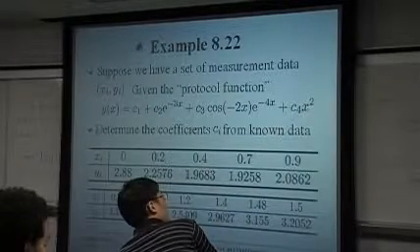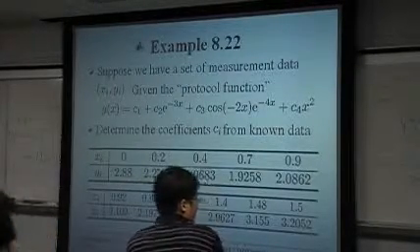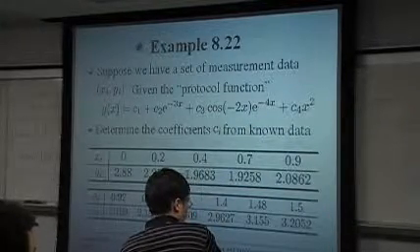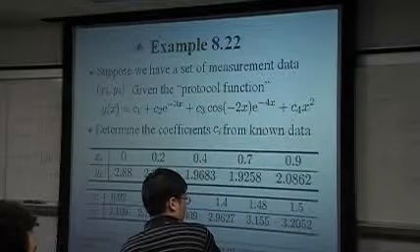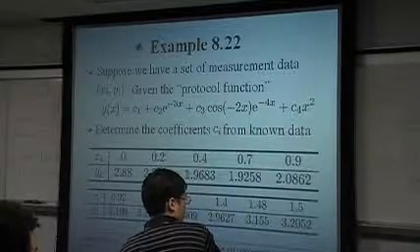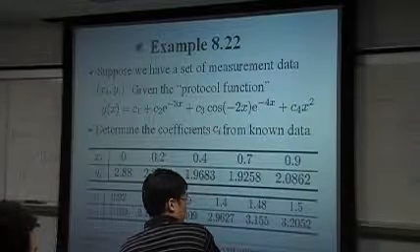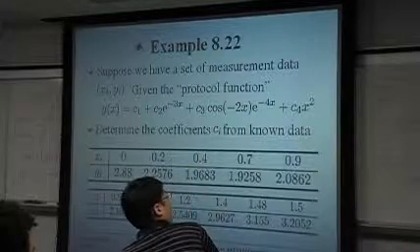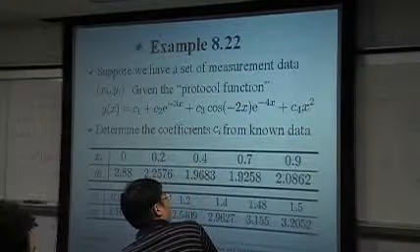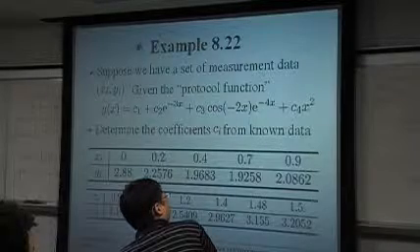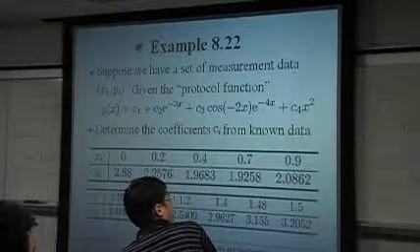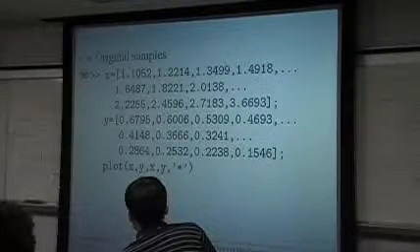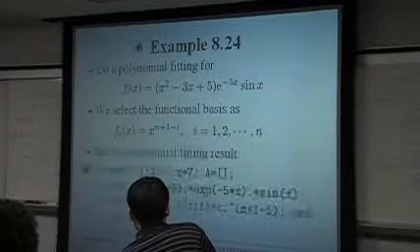We know this form, and we do not know the particular values inside this equation. We know the standard form of the system response like this. So what we need is to use the experimental data to estimate these values offline, not online. Online is online system identification. This one is offline. So how can we solve this kind of problem? This is an example of system identification and similar things.